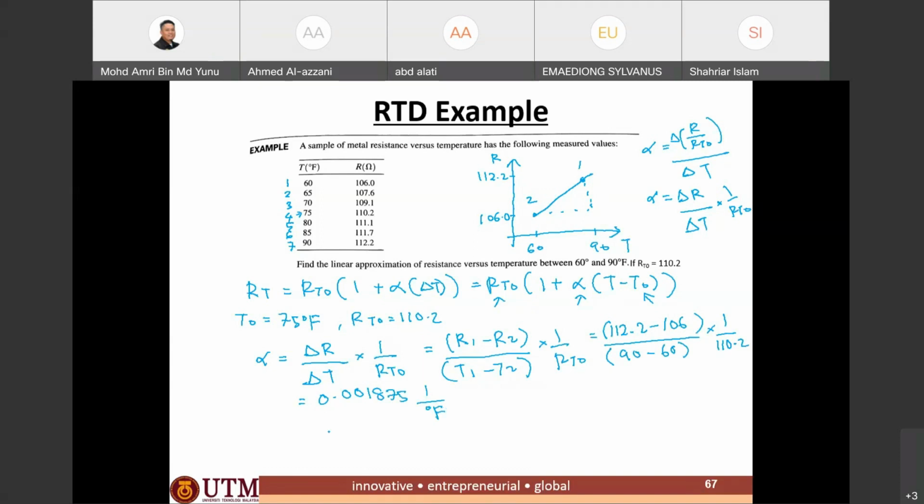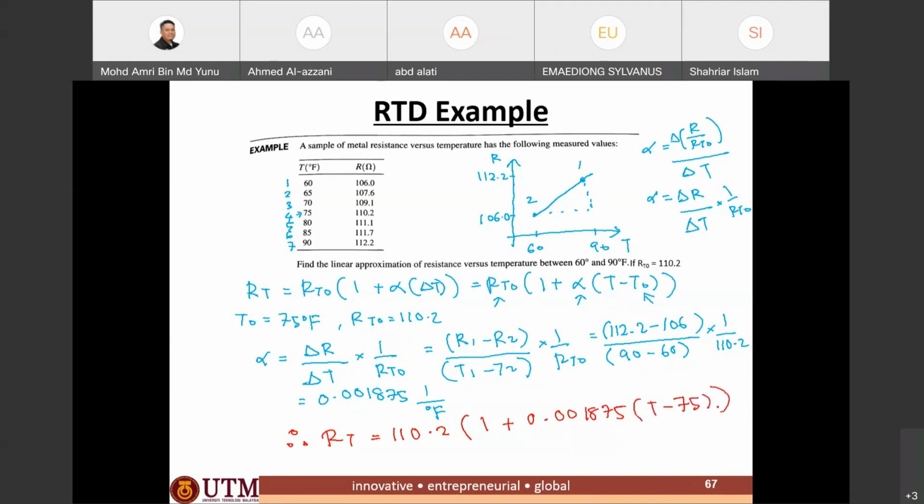So finally, our equation: RT is equivalent to R at T naught, 110.2, times 1 plus 0.001875 multiplied with T minus 75.